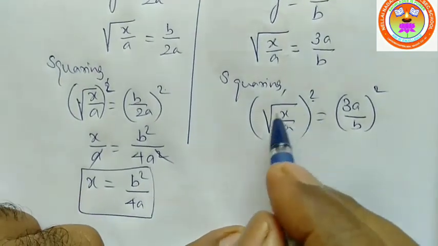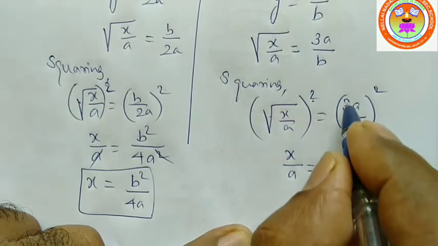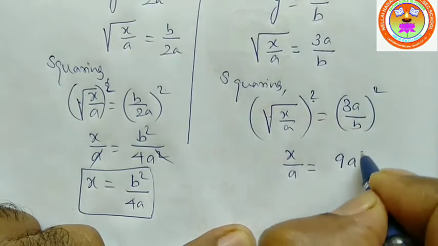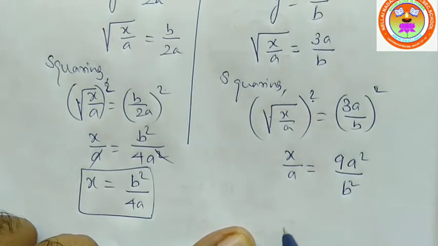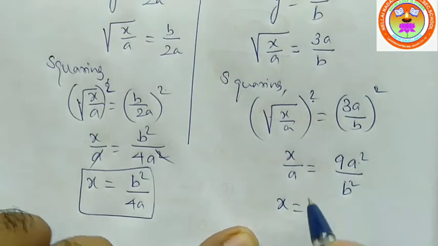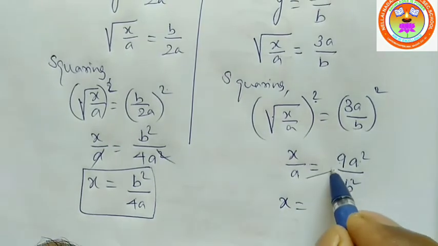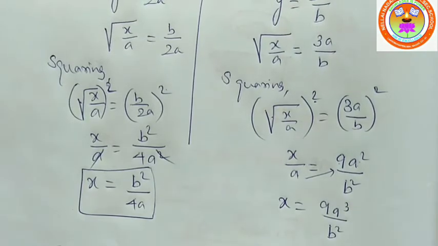The square and root get cancelled, so x by a is equal to 3 square, 9a square by b square. Cross multiplying this a to that side, x is equal to 9a square into a, that is 9a cube by b square.